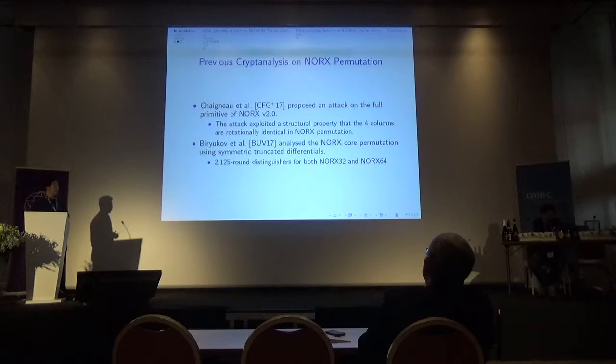This structural property works no matter how many rounds of the permutation. And we have another analysis by Guo et al. It uses a symmetric truncated differential, which can result in a 2.125 round distinguisher for both versions.